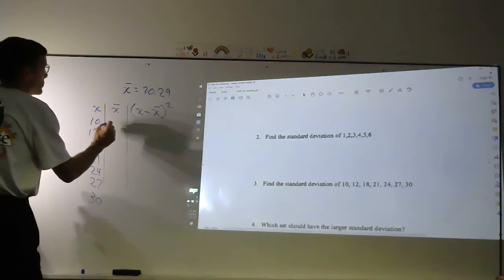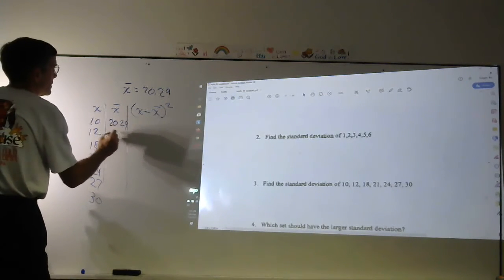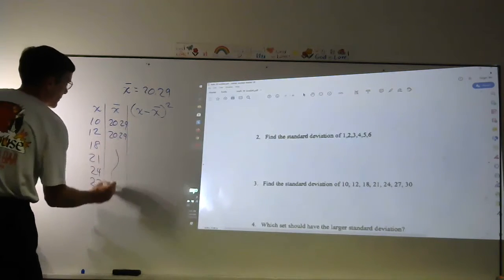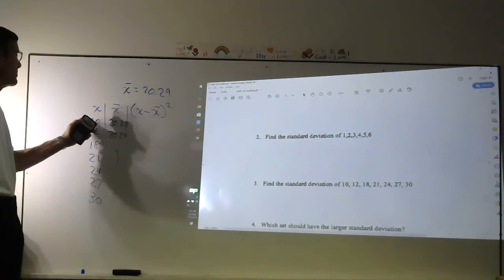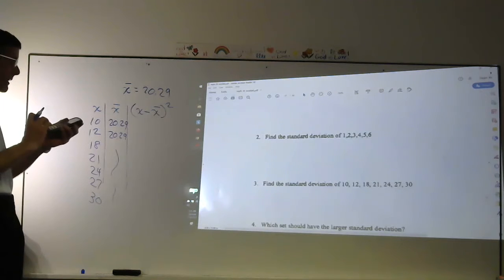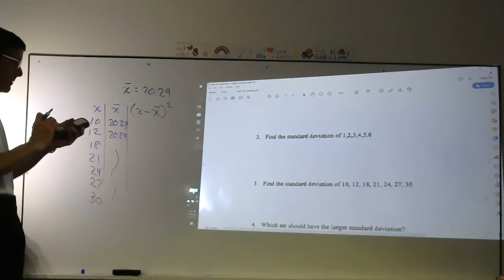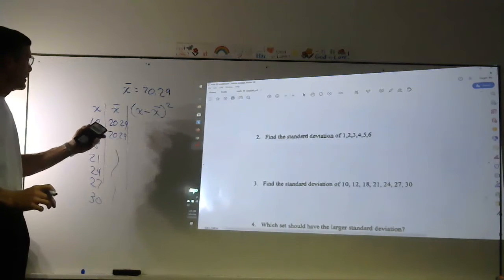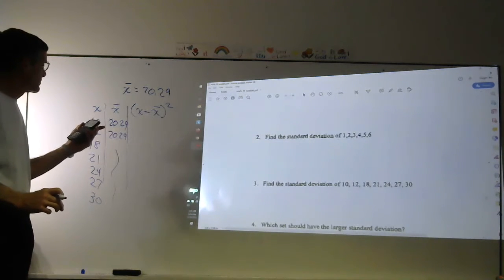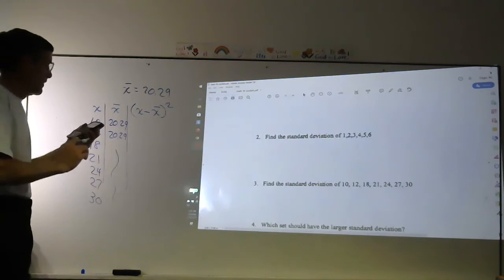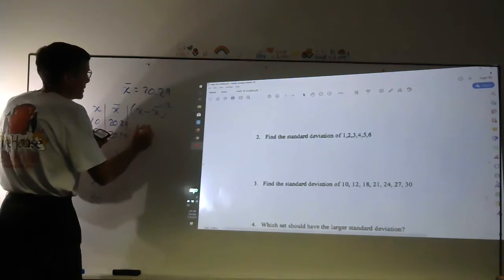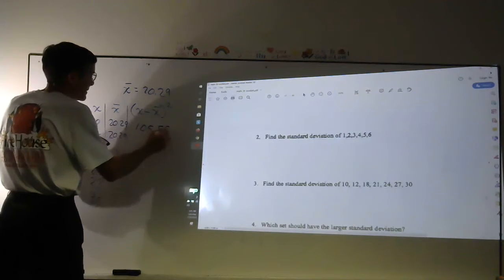X bar is 20.29 for each of these. Okay, so here we go. I'm going to subtract this minus this is 10.29, and I'm going to square it. So 10.29 squared is 105.88.